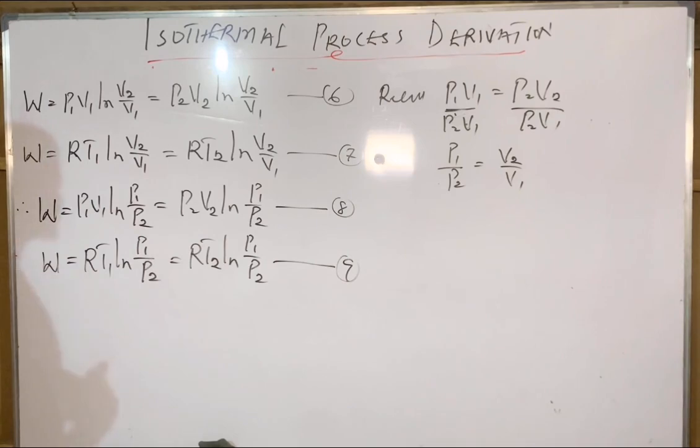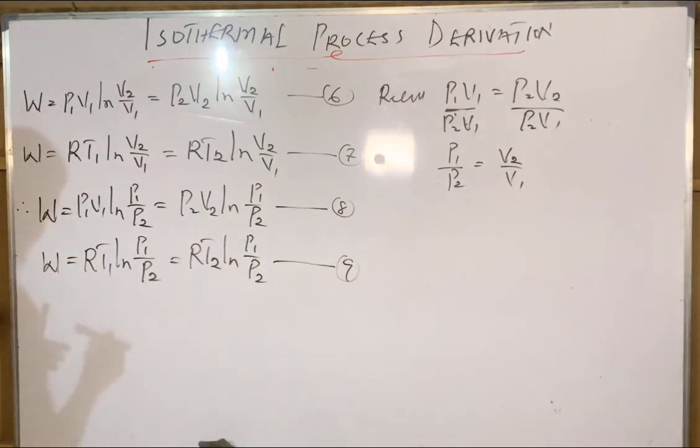So if you're given the initial volume and the initial pressure, once your parameters here are complete, then you can use any of the equations to solve. If you're given initial temperature and final temperature and initial and final volumes, it means you can use this equation to solve. If you're given initial temperature and pressure and final temperature and pressure, it means you can use equation 9 to solve.